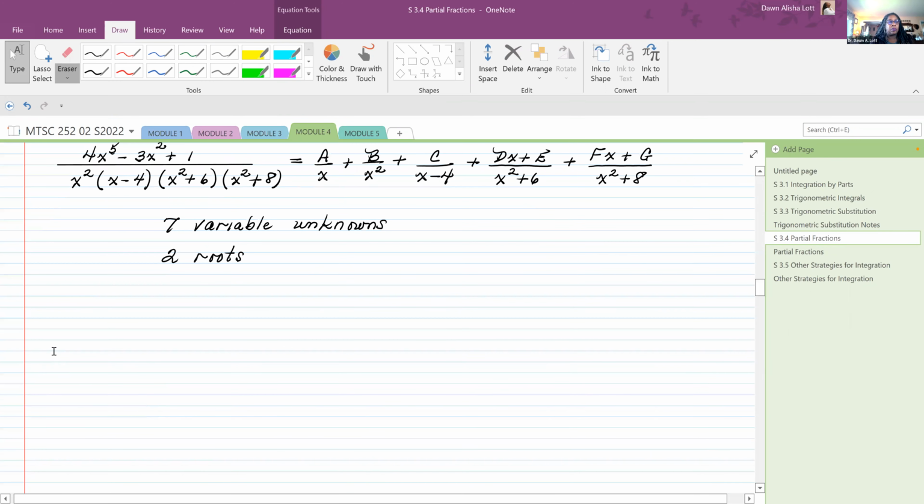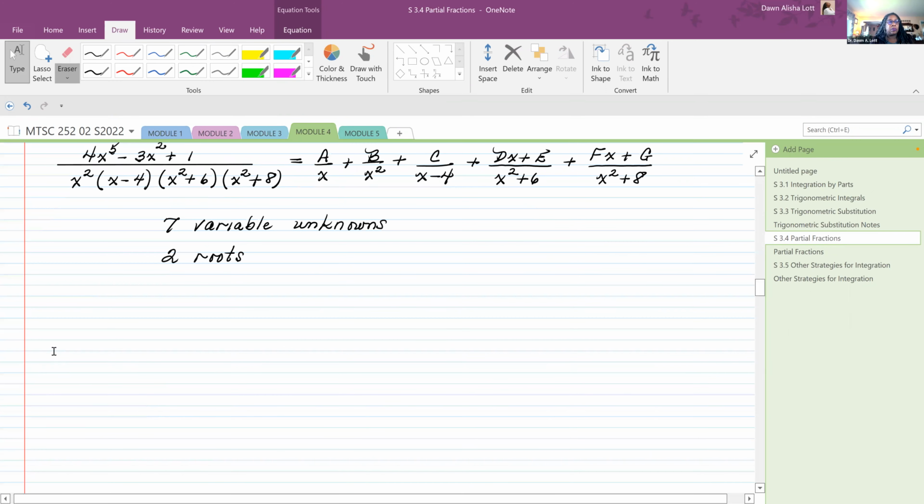So x cubed minus 2x plus 1 over x times x minus 1 cubed. That's a repeated root. So that's a over x.